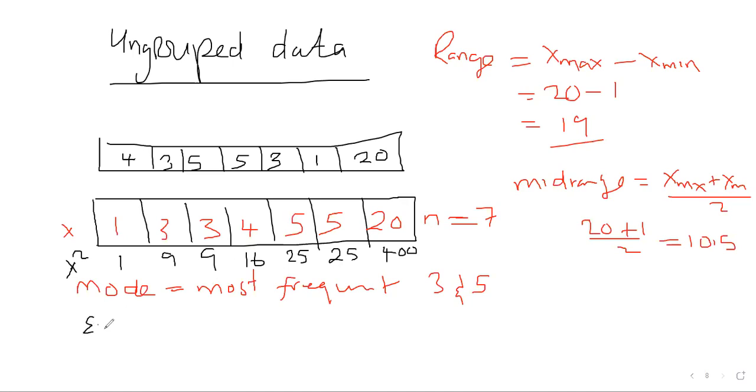Then we add 1 plus 9 plus 9 plus 16 plus 25 plus 25 up to 400, called the summation of x squared, which gives a total of 485. And our sample size n is equal to 7. So we're just tabulating the data as it is.